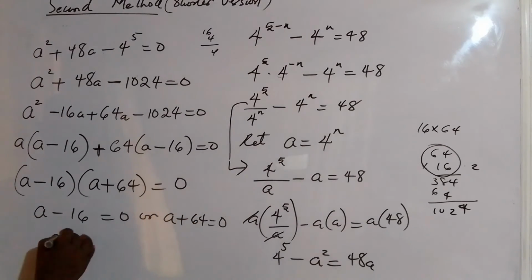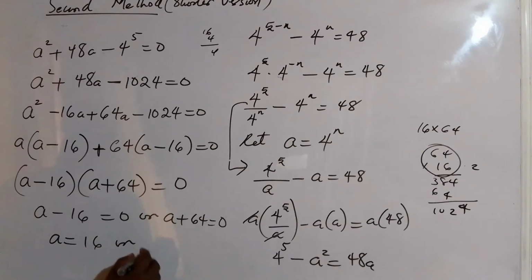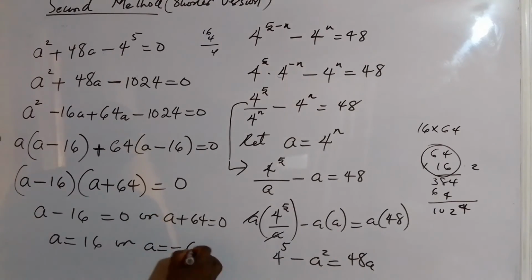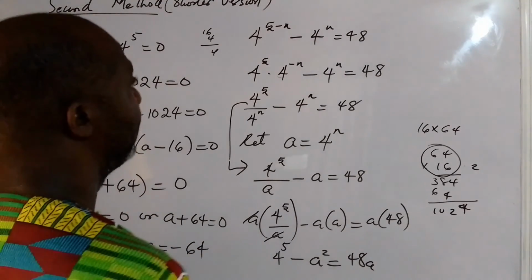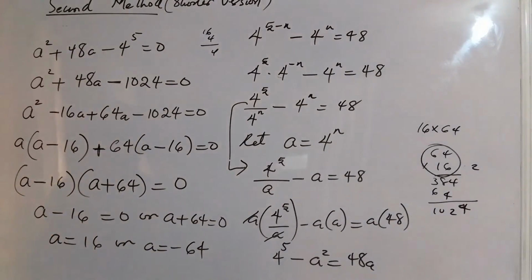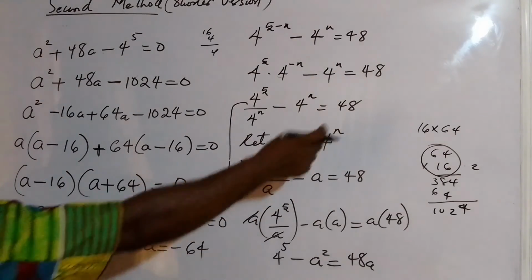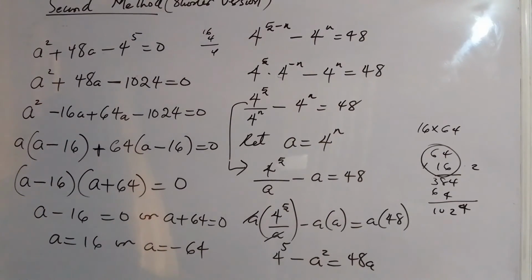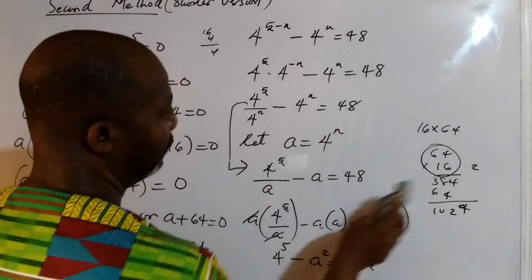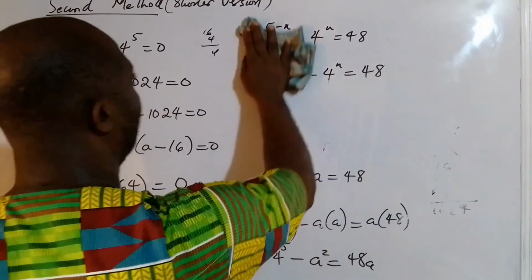So I have a equal to 16, or a equal to minus 64. But we know that a equal to 4 to the power of n.